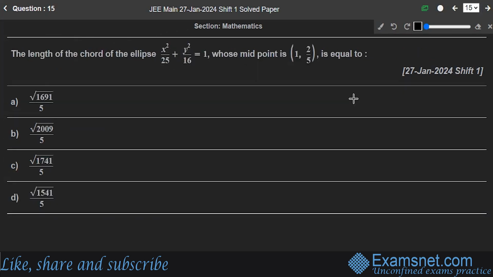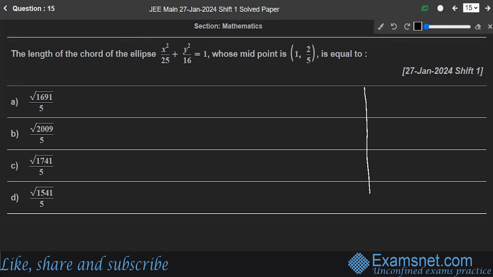The length of the chord of the ellipse, whose midpoint is given, is. Okay, so the equation of the chord when the middle point is given to you is given by T is equal to S1. Question number 15: the length of the chord of the ellipse, which is given by this equation, whose midpoint is given to you, is equal to.